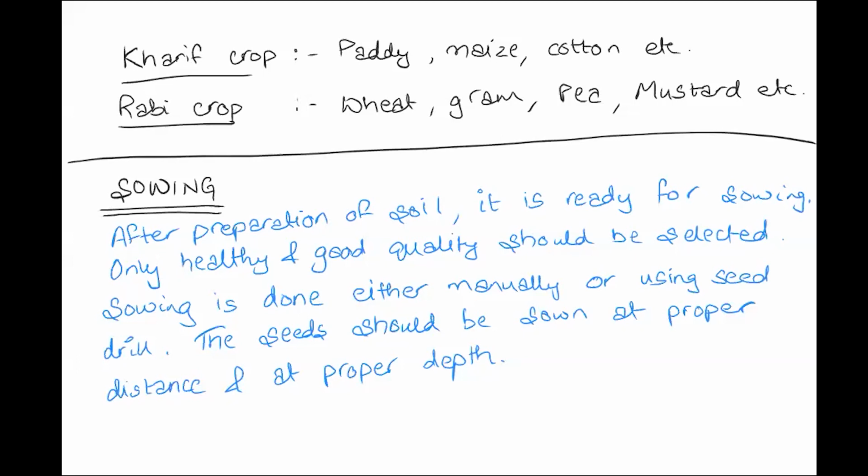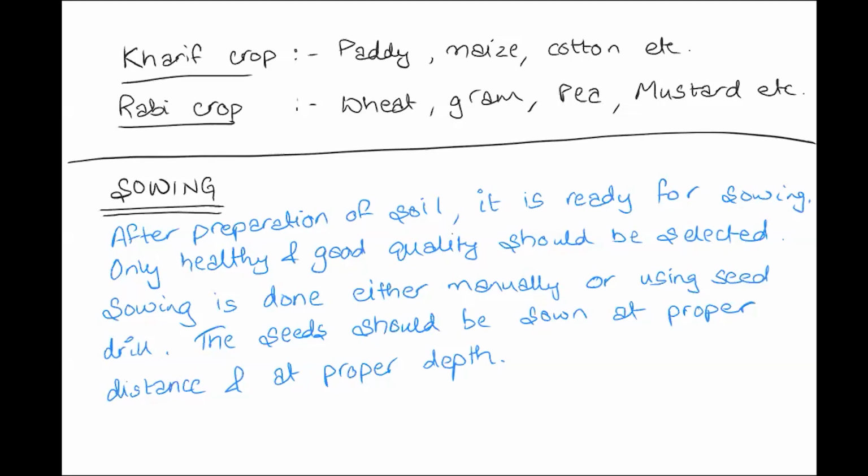So basically sowing is after the preparation of soil, when the soil is ready for sowing. Sowing is putting in the seeds. Yes, Karmanya, seed drill is the best machine to sow the seeds.